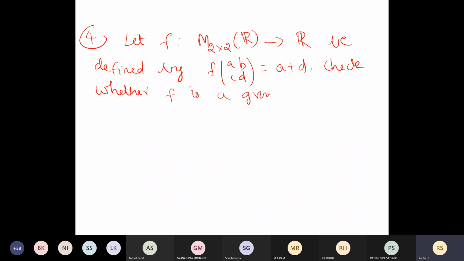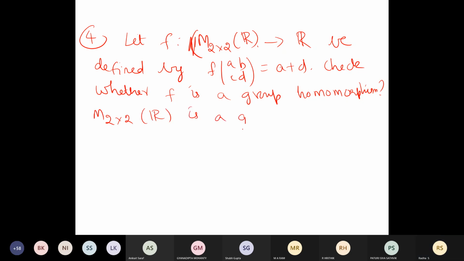Will this be a group homomorphism? Can you please check? For that, you have to take two matrices here. Very important: I didn't specify the operation, right? M2 cross 2 is a group under matrix addition or matrix multiplication?